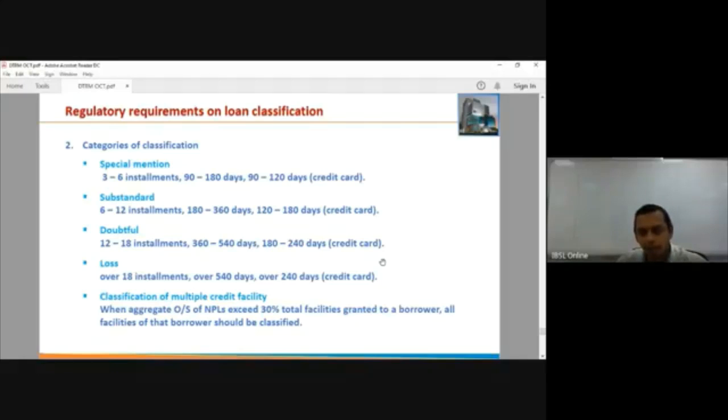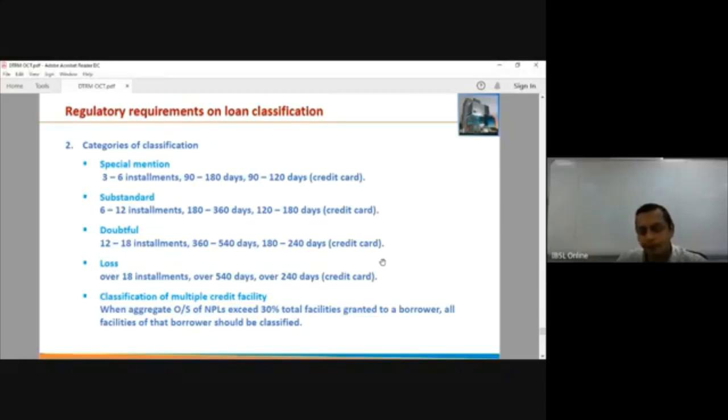If the defaulted lease outstanding is more than 30% of the total outstanding, then all other performing loans also need to be classified as NPL. This is called borrower classification. So that person is classified as an NPL borrower. Right? The other thing is facility classification. Now, if we are classifying the leasing facility only, that facility is in NPL, and the other facilities are performing facilities.